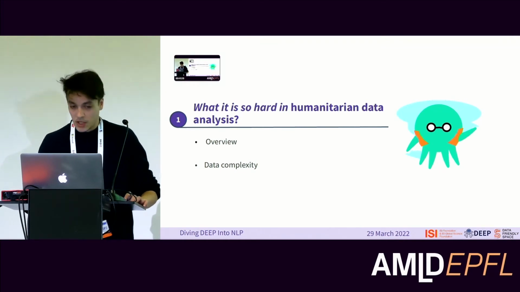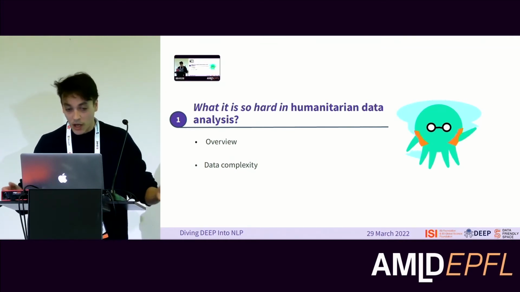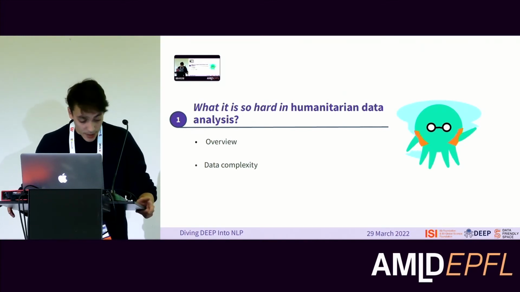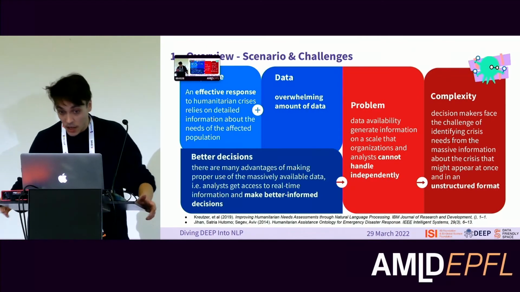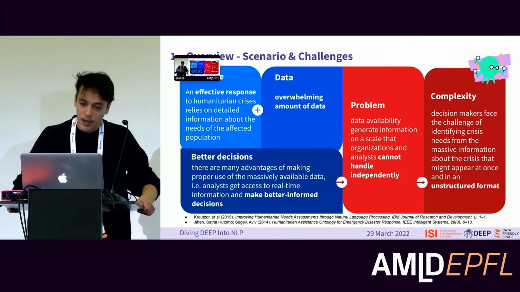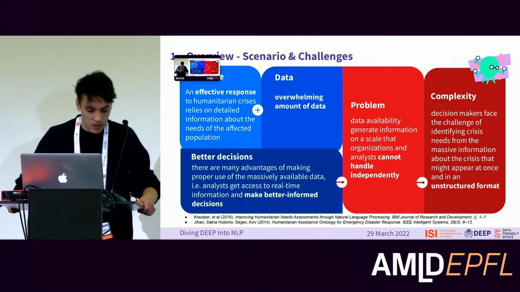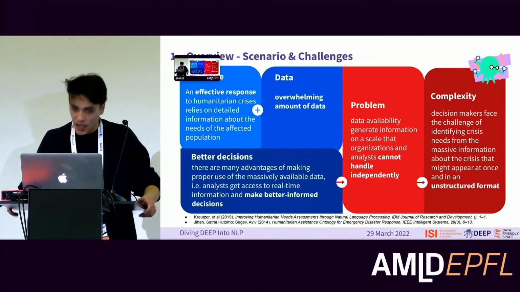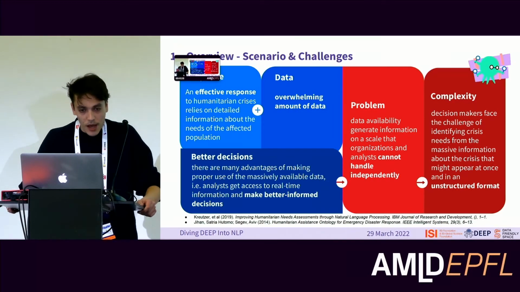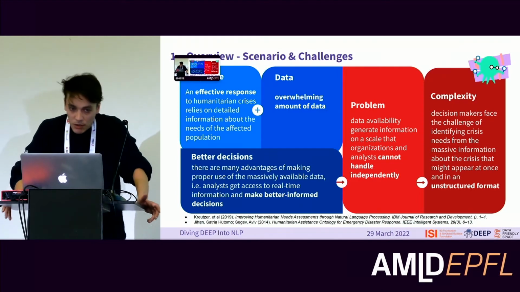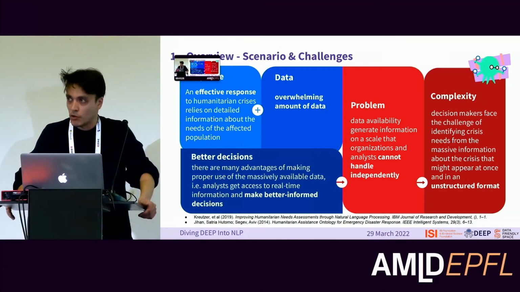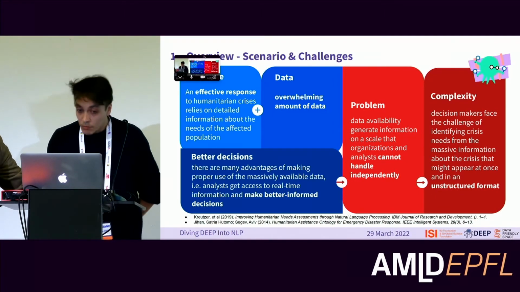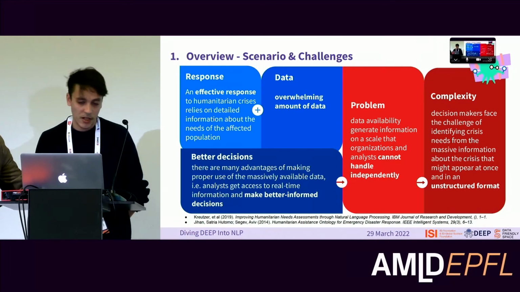So we start with the first point, with a question: what is so hard in humanitarian data analysis? As the title I initially listed says, we are dealing with the correlation between humanitarian response and data analysis. An effective response to a humanitarian crisis relies on as much detailed information as possible about the needs of the population affected by any kind of humanitarian crisis.